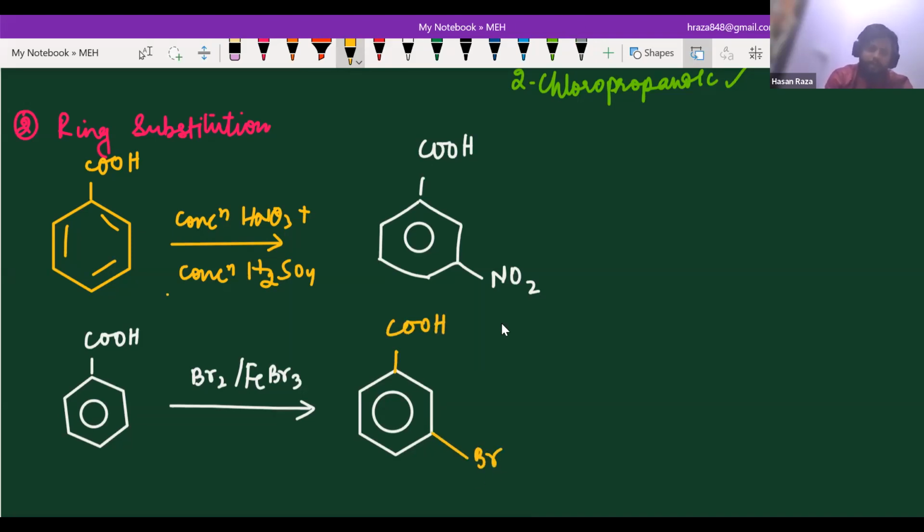So this will also attack on the meta position. Its name is m-bromobenzoic acid, and its name is m-nitrobenzoic acid.